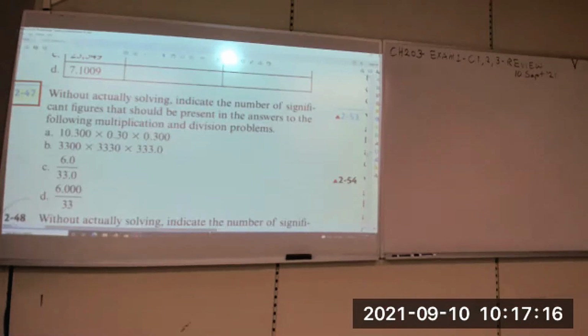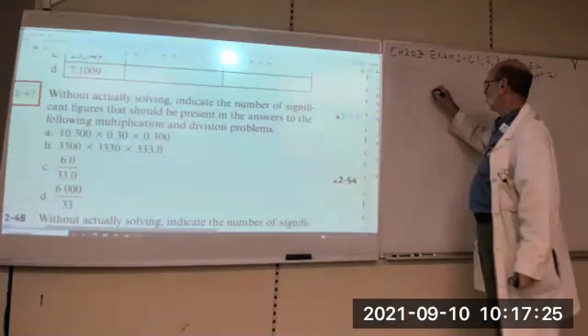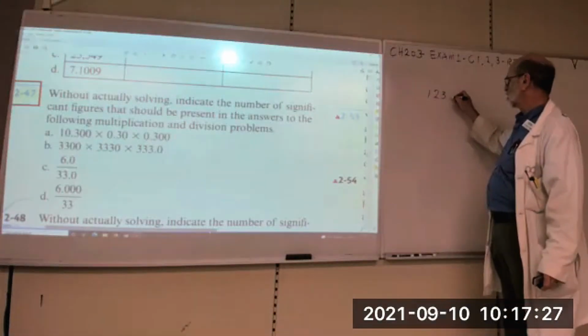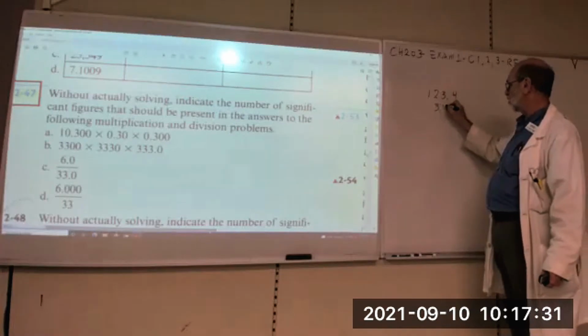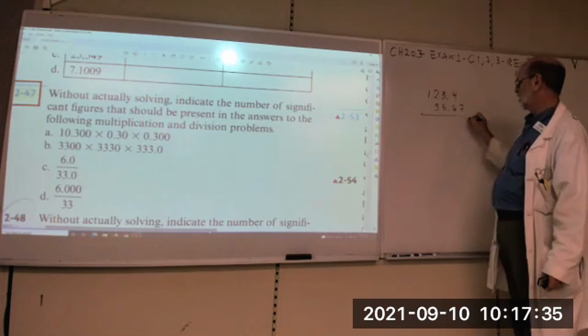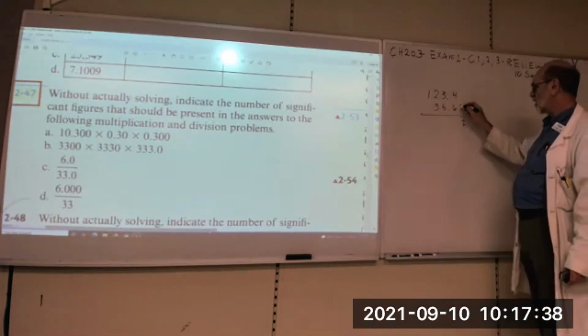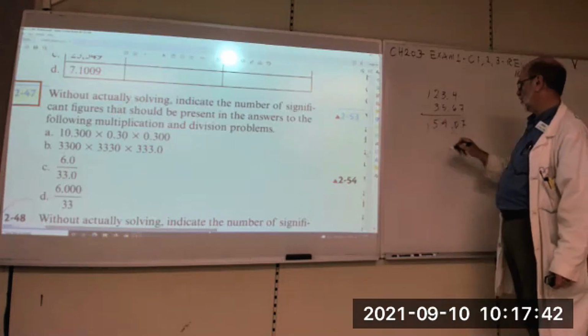Why? Because you line up the decimals and you look at the significant figures in there. For instance, let's make one up. Let's say you have 123.4, and then you add to that one 35.67. How about that? So that would be 7, 10 carry the 1, 8, 9, 5, 1.